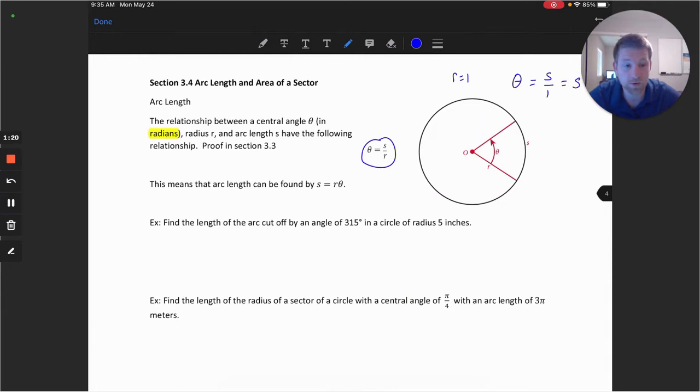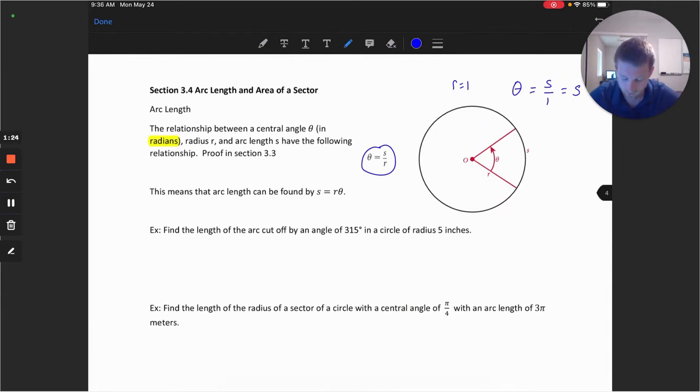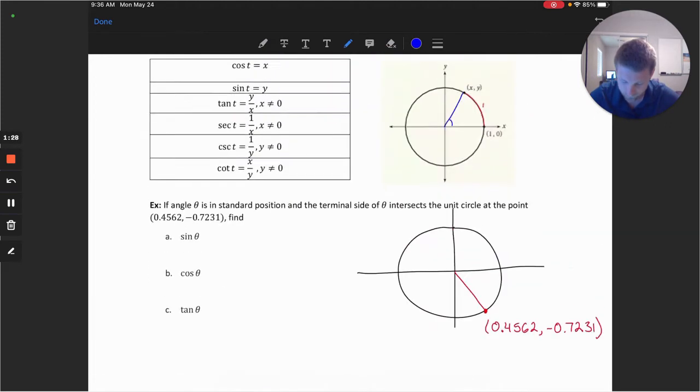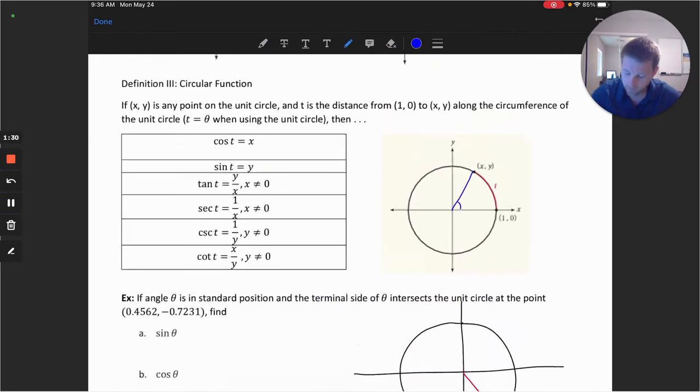This was really similar to what we covered in class with 3.3, where we had this idea of our arc length, t, measuring the cosine of t equaling the x-coordinate and the sine of t equaling the y-coordinate in our unit circle. So this is the same concept that we took a look at here.